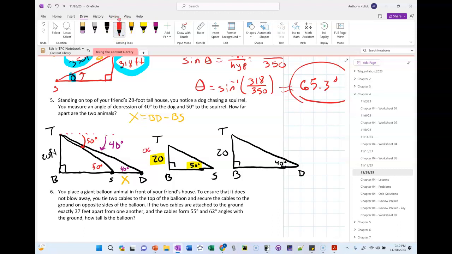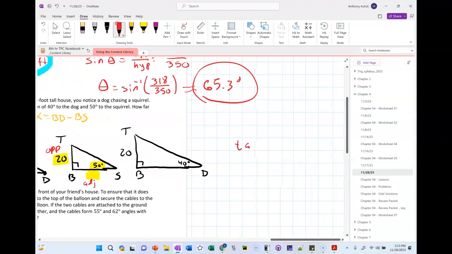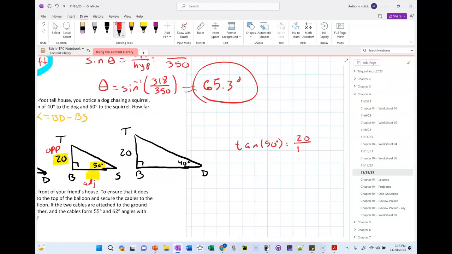Opposite. And the side I want to know about is opposite, adjacent, or hypotenuse? Adjacent. So which trig function should I be using? Tangent. So I'll say that tan 50 is equal to opposite over adjacent.